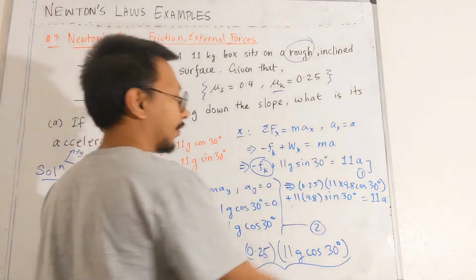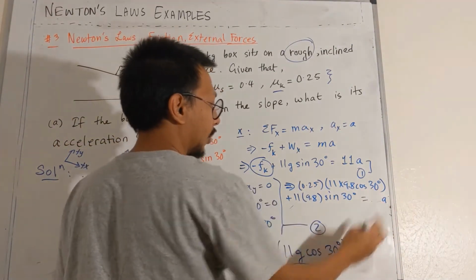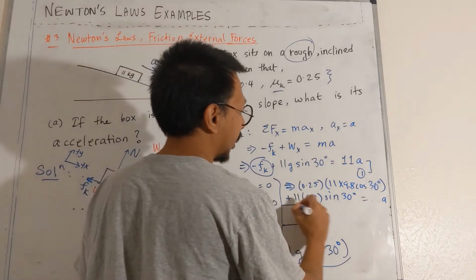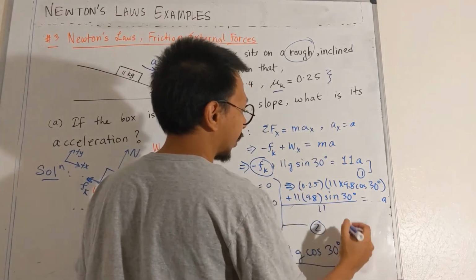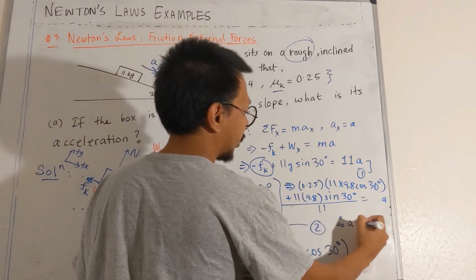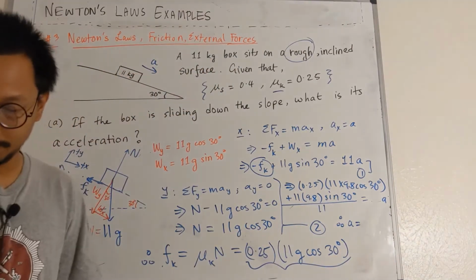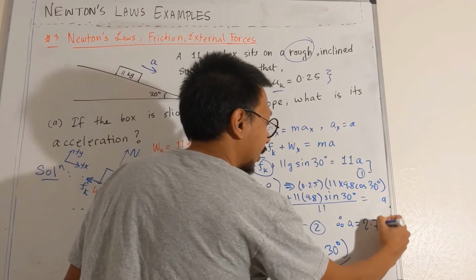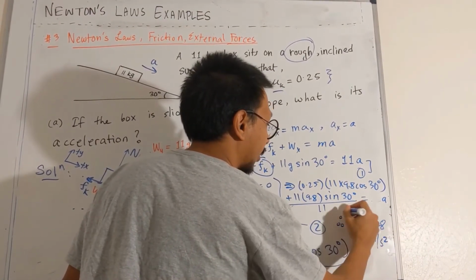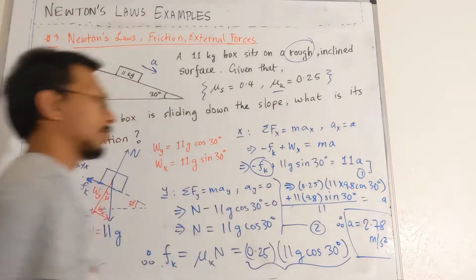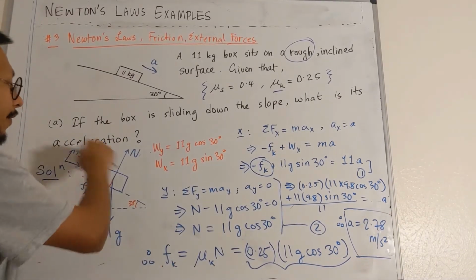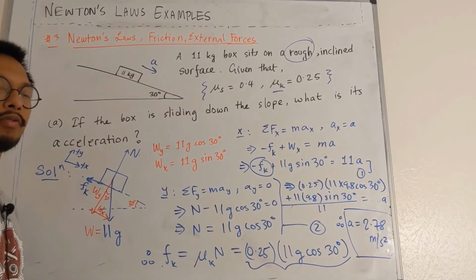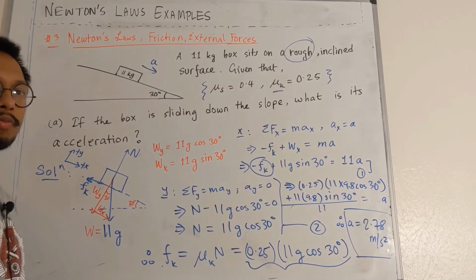Divide both sides by 11, so this only has a left over and this whole side is divided by 11, and our acceleration comes out to be 2.78 meters per second squared. This would be the acceleration if the box just slides down along the slope.